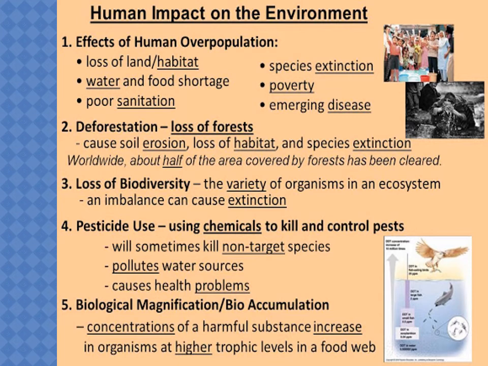Next human activity harming the environment: the use of fossil fuels by man. Diesel and petrol release oxides of carbon, sulfur, and nitrogen into the air. This brings about global warming and also spoils the quality of air.